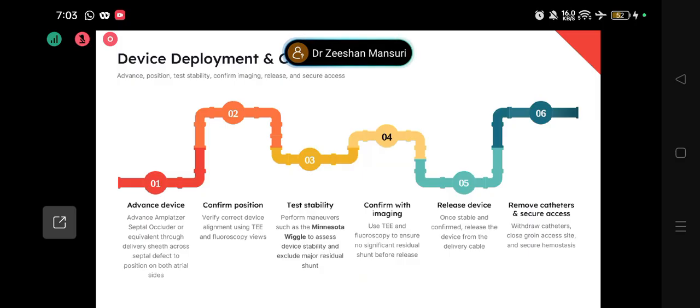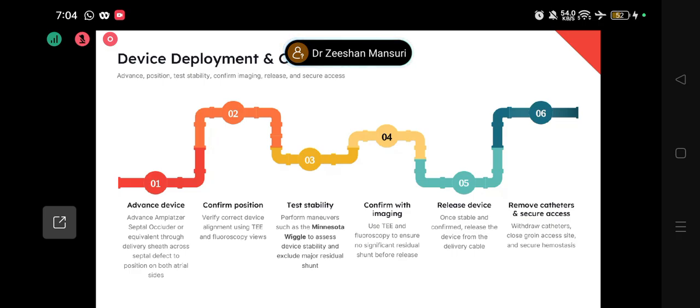You need to be aware of the situation and ready for tackling any complication which may arise, because whatever air was there in the long 14 French sheath, which has a 4.6 millimeter diameter, is totally gone into the left atrium. It may go into coronaries, it may go into carotid, it may go anywhere in the body. So you need to be prepared when you take the left atrial disc out for the first time. I think it usually stabilizes and settles within a few minutes.